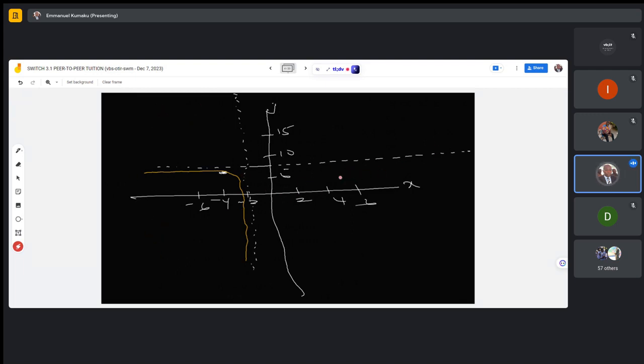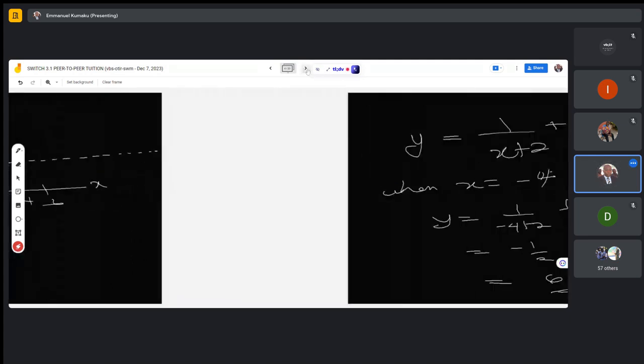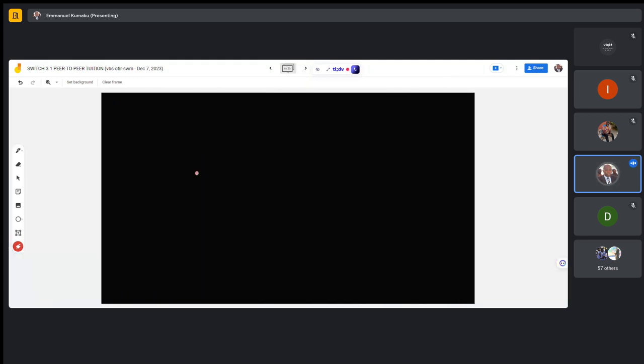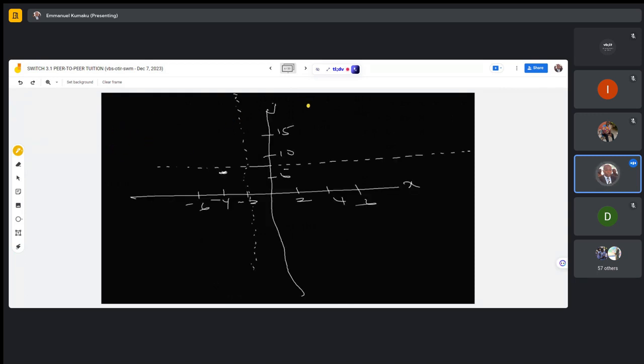Then we go to the right side. The right side, we have two compartments. Either the graph will be here or it will also be here. So we test with any value of x from -2 and above. We can pick any value we wish. So let's pick a number such as 0.